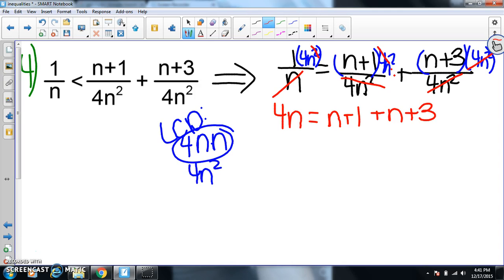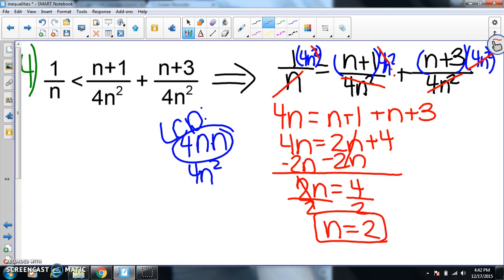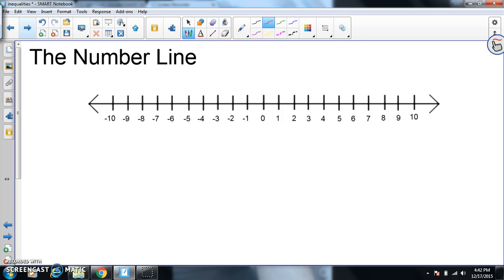I now need to solve for n, so I'm going to combine my terms, and n is equal to 2. I'm going to look at my original inequality to see that it is just less than. So now when I go to plot my point on the number line, I know that I'm making an open point at 2.